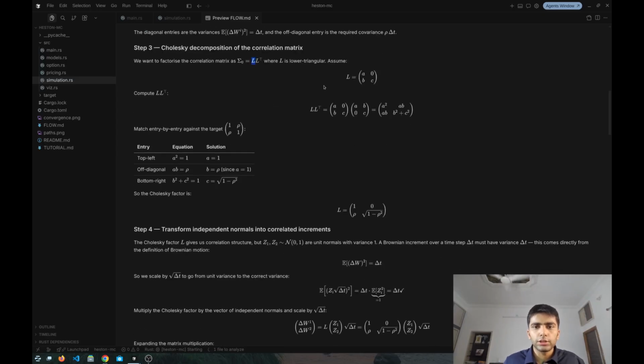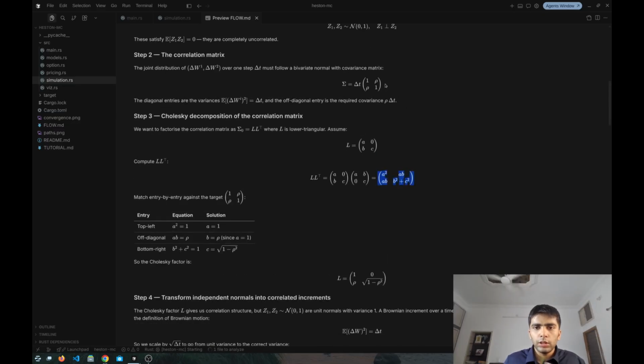So we first assume L to be equal to this lower triangular matrix and the transpose to be equal to this, and once we do this matrix multiplication, we get this, and this should be equal to this assumed covariance matrix, right?